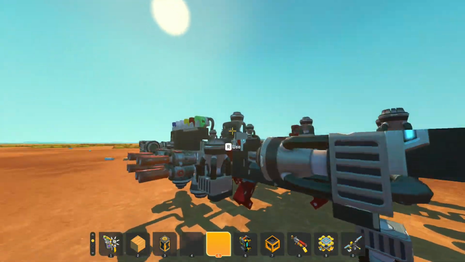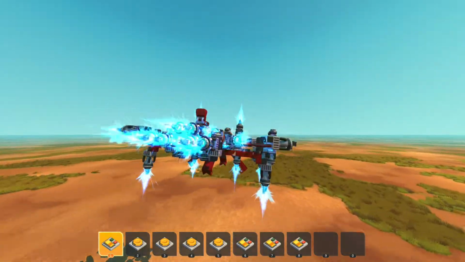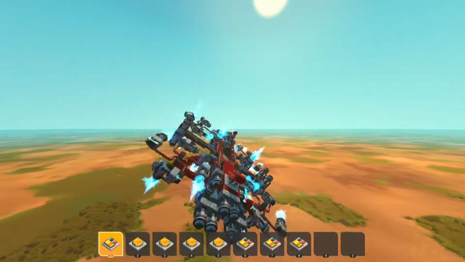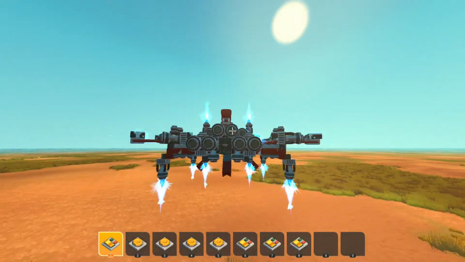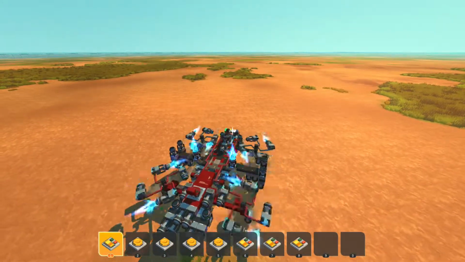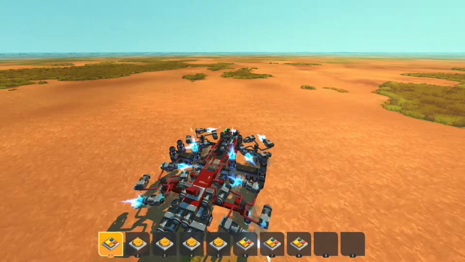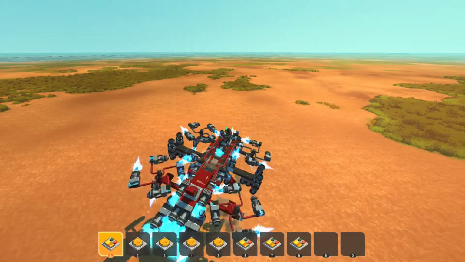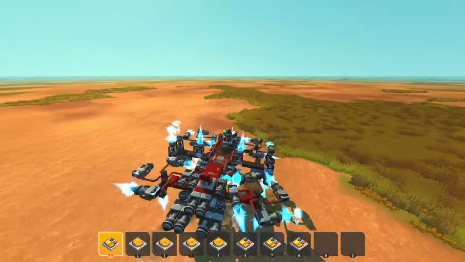If you were able to get the vector of a thruster to be perfectly straight and somehow managed to power it without anything attached to it, it would accelerate to a speed of roughly 6,200 or so blocks per second. Might be about 6,400. I can't quite remember, but about that speed.